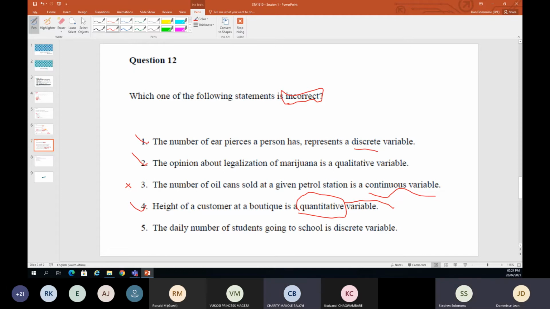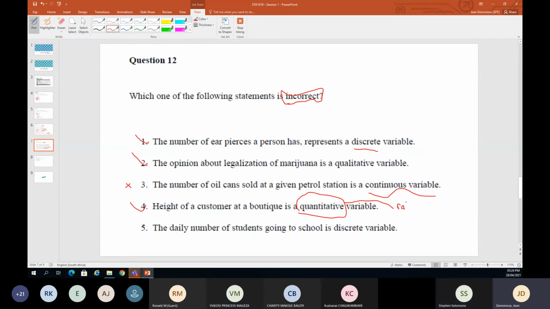Yes, Vukosi, am I pronouncing your name correctly? That's fine. It's actually Vukosi, but that's still fine. Okay, I would say it's ratio because it talks about the length. Okay, so we've got one ratio.